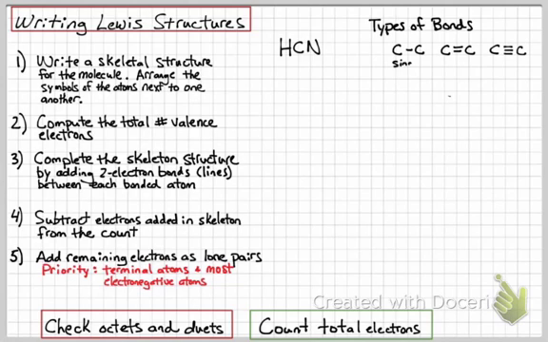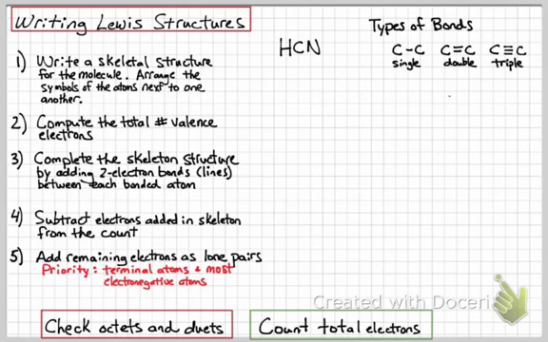Single bonds, in which there is one shared pair between the atoms. Double bonds, in which there are two shared electron pairs between the atoms. And triple bonds, in which there are three shared electron pairs between the atoms. I'm just using carbon here as our example. There can be single, double, and triple bonds between many other types of atoms.